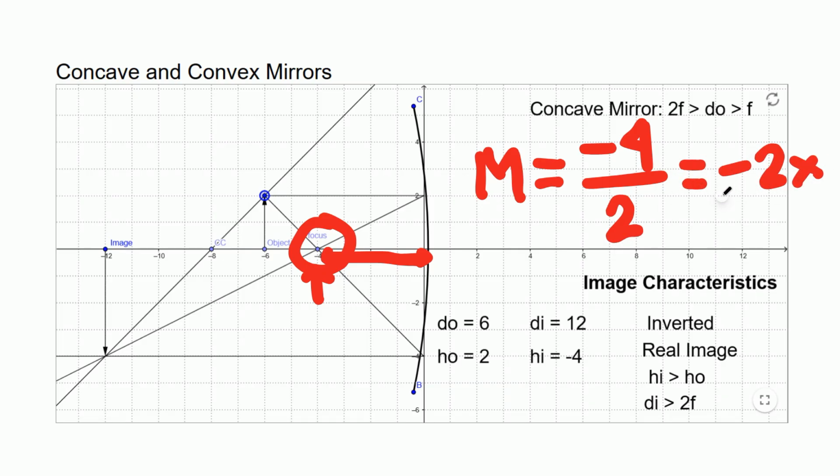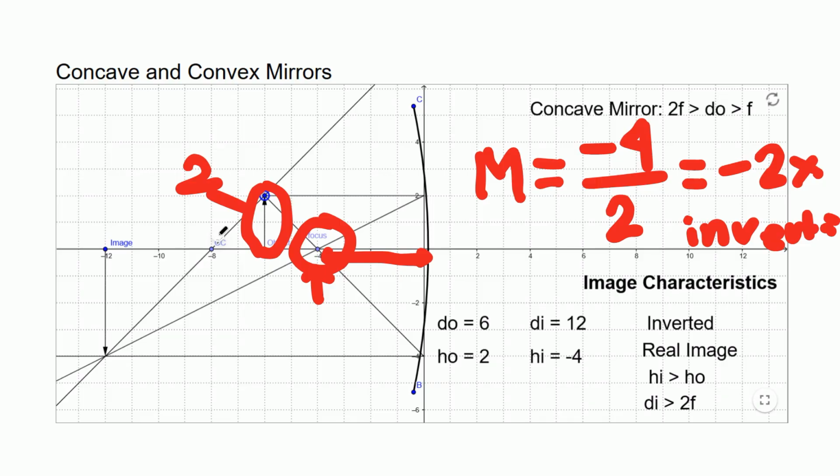The negative is important because this indicates that our image is inverted. So it means our object height here is 2. Yes, that is 2, and our image height here is negative 4.